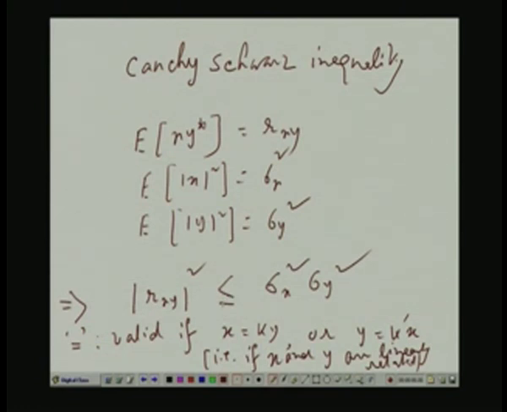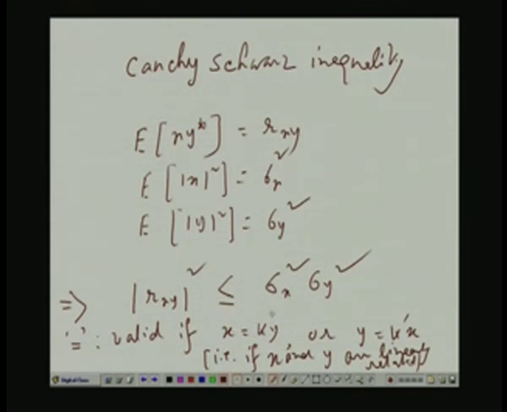Now, you can ask me a question here: once I write x equal to k y, does it automatically imply that y equal to 1 by k x, that is, y is also a multiple of x? Yes, but still I am doing it for some mathematical correctness, and you can see why. Suppose k is non-zero, then x equal to k y or y equal to 1 by k x, both are equivalent.